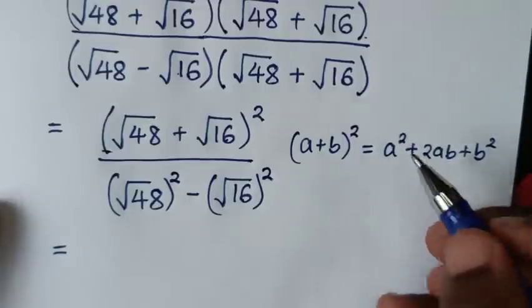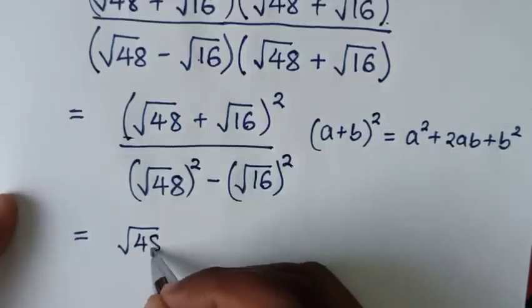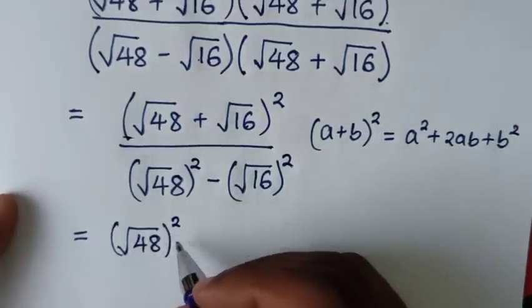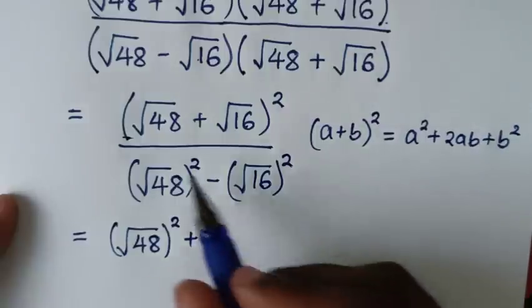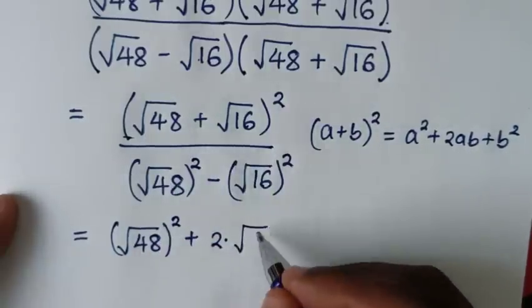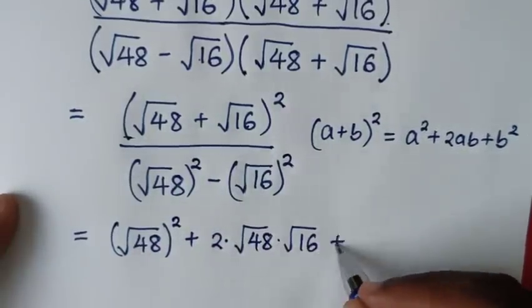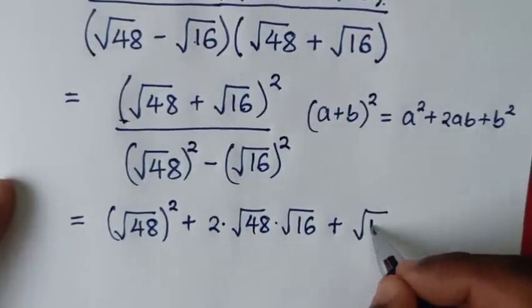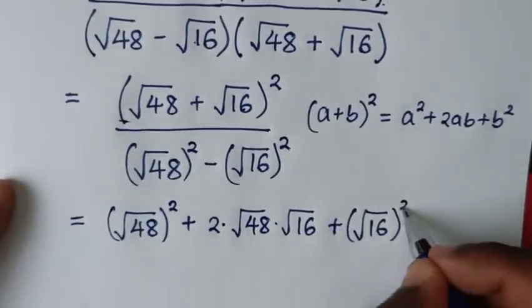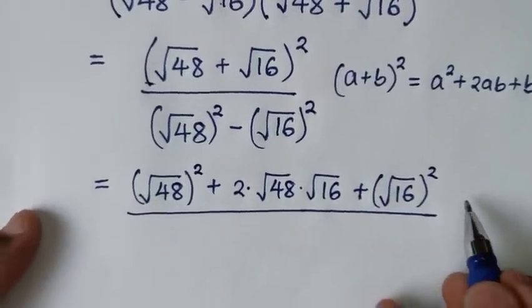Then a square will be square root of 48 bracket square, plus 2 times ab, which is square root of 48 times square root of 16, plus b square, which is square root of 16 bracket square, over the denominator.